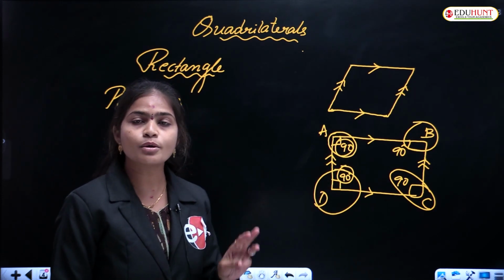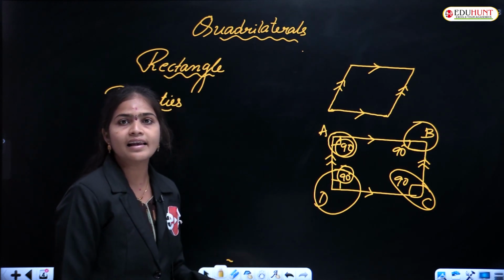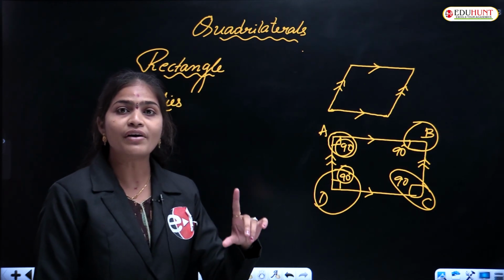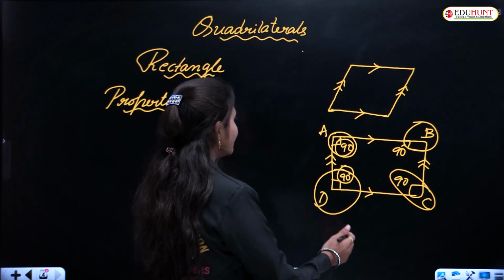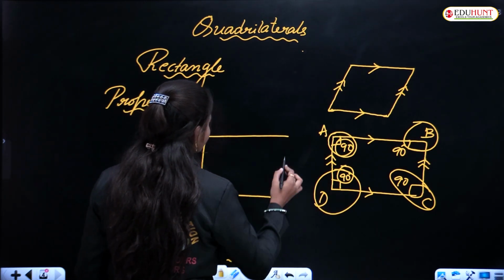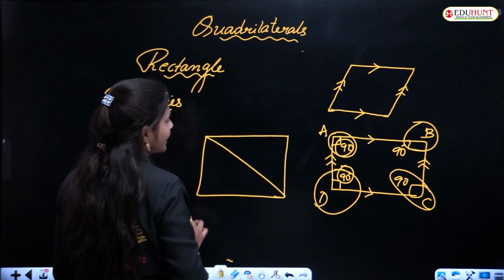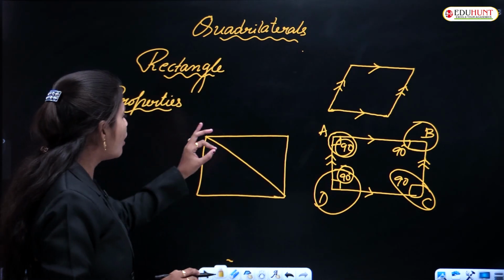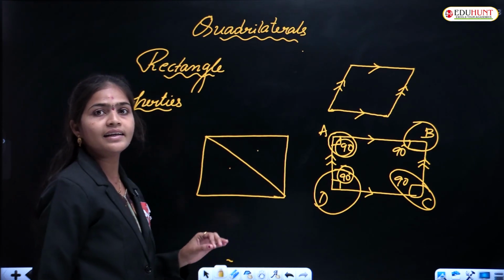Okay. So the next property we discussed here is that each diagonal of a parallelogram divides it into two congruent triangles, and in the same way each diagonal of a rectangle divides it into two congruent triangles.